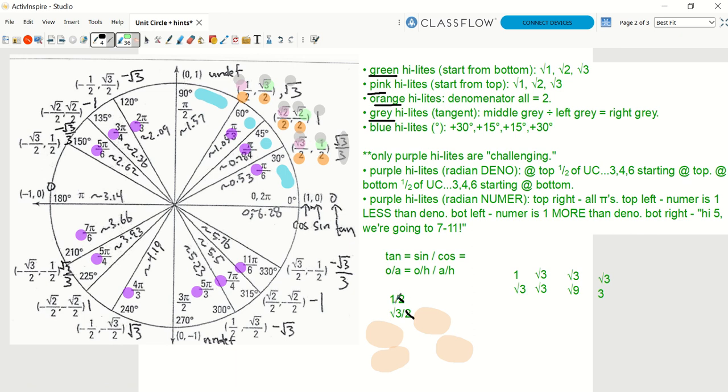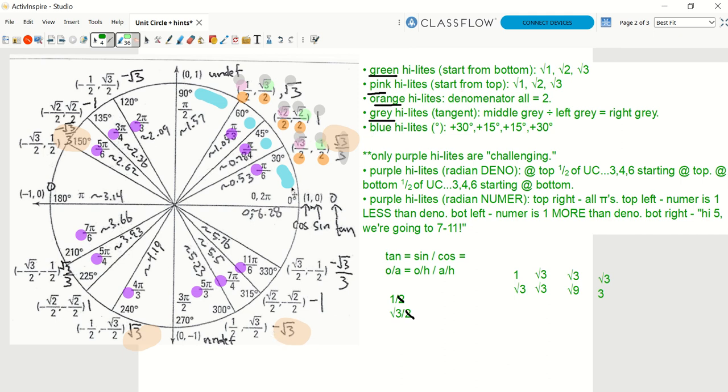So you're really dividing 1 by root 3, which is what I said originally: middle gray divided by left gray equals right gray. And just like we did before, you can reflect these tangent values to get the tangent values for the other quadrants. Same deal with this, this, and this, and with this, this, this, and this.